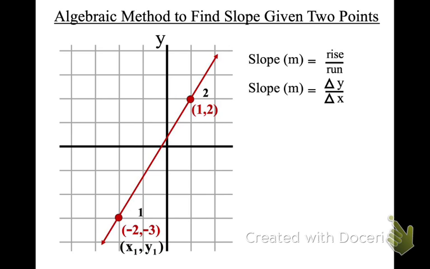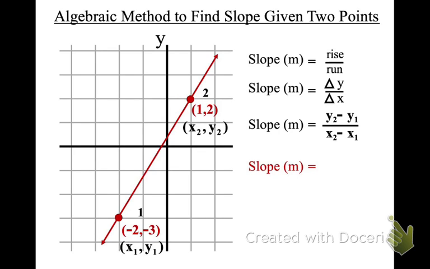The first -2, we'll call that x1, and -3, we're going to call y1 because it's the first point. And we're going to call the other point x2, y2. Once you name the point, it doesn't matter which one you call 1 and which one you call 2. And here is the formula.